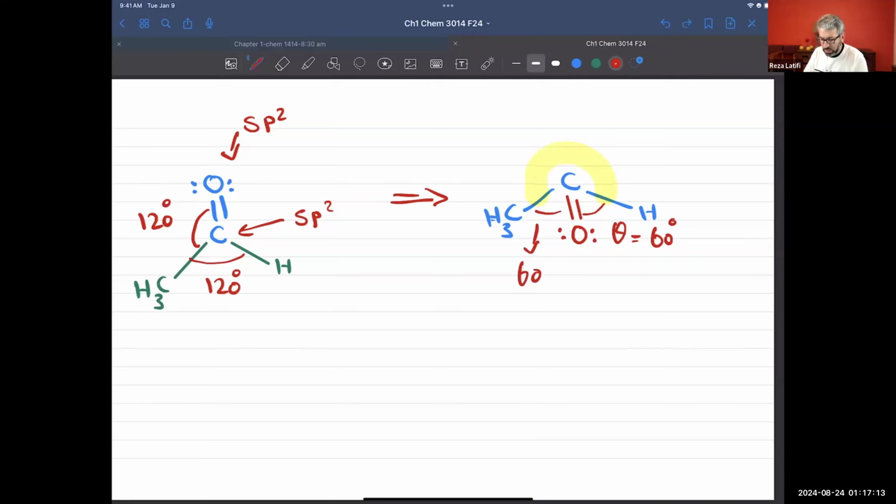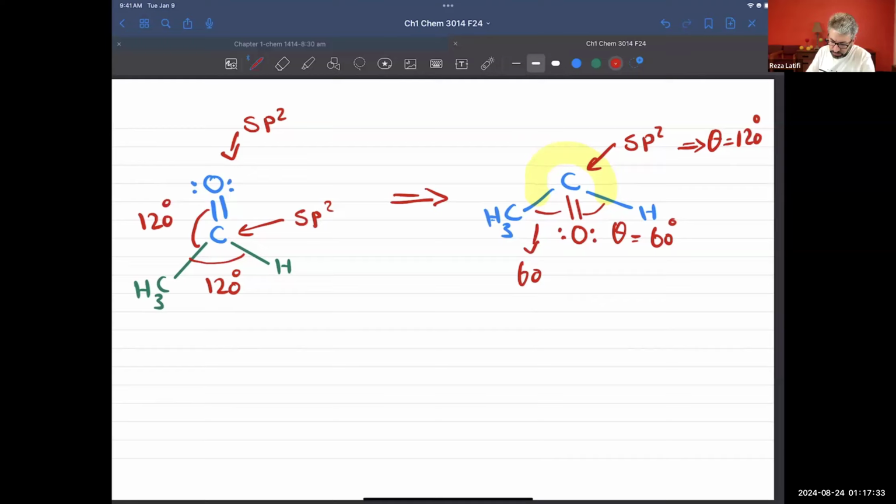Carbon has sp2 hybridization, so the expected theta should be 120, and it's not. That's the reason we say you need to follow the hybridization. You need to respect the bond angle based on the hybridization and also the lone pairs that you are dealing with.